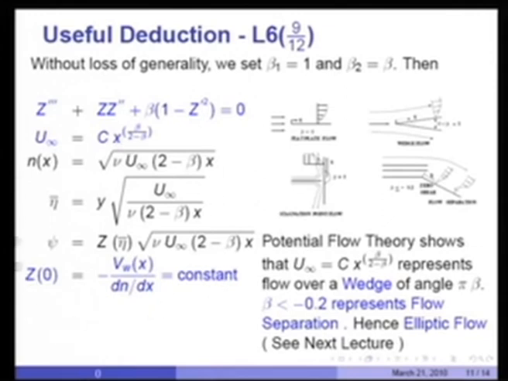So, the set of equations that you see here tells you now how u infinity should vary, how n should vary with x, how eta bar be defined, how psi be defined, and how z 0, or in other words v w, should vary with x, so that the equation is truly an ordinary differential equation.